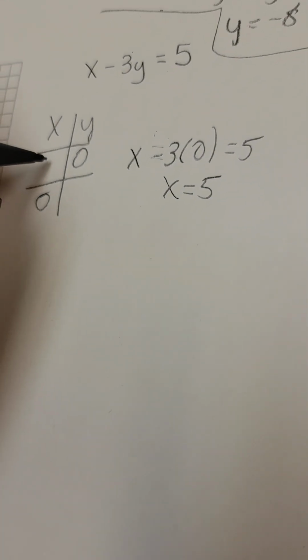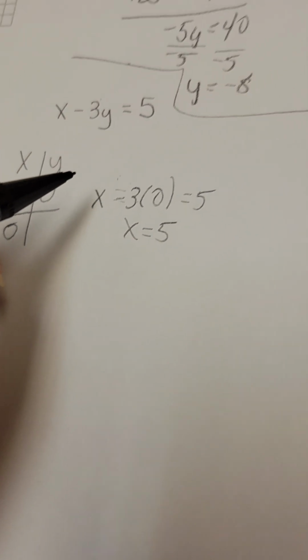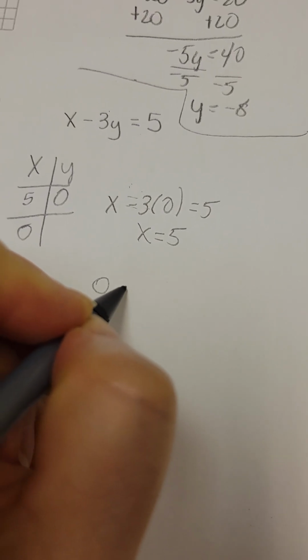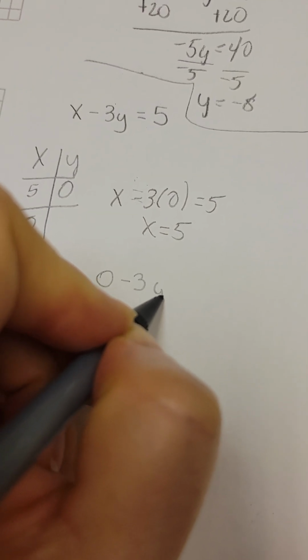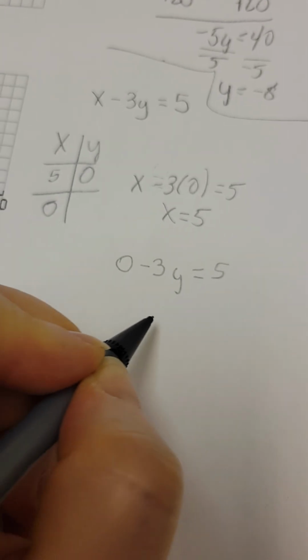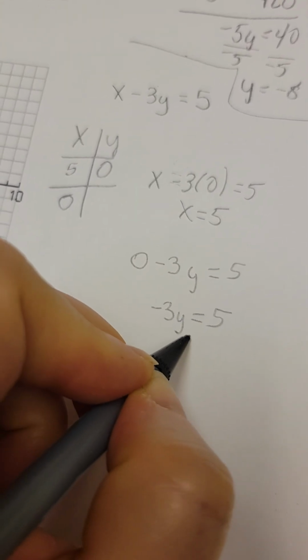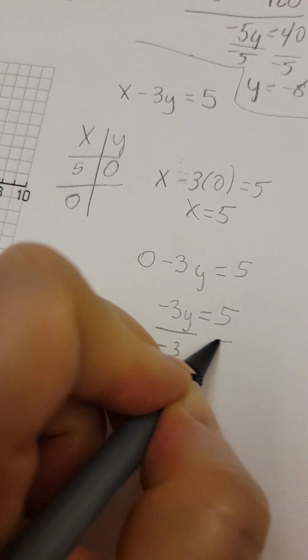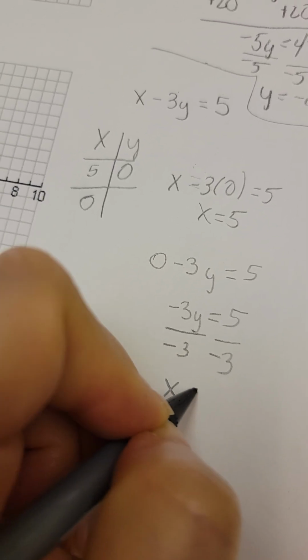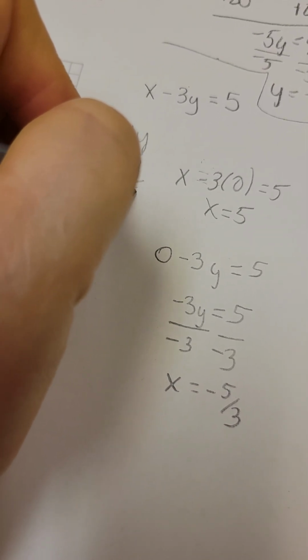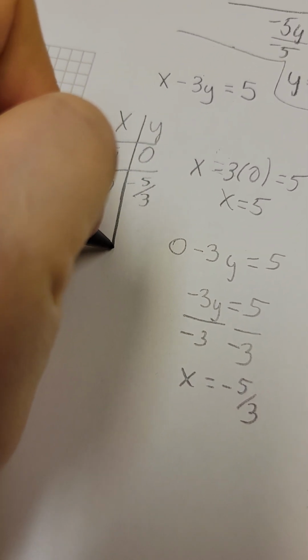X equals 5, which is fine. We like that. But if I plug in 0 for x, I get 0 minus 3y equals 5. So negative 3y equals 5. Divide by negative 3, divide by negative 3, I get negative 5/3. Okay, I don't want to graph that.